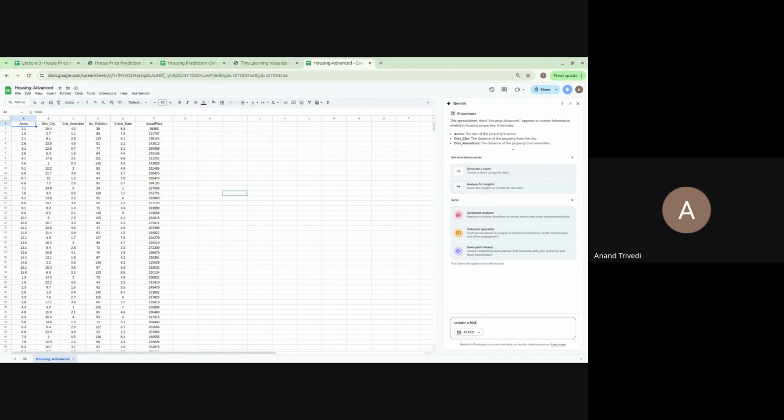Create a histogram of correlation of acres, distance city, distance amenities, air pollution and crime rate with actual price.